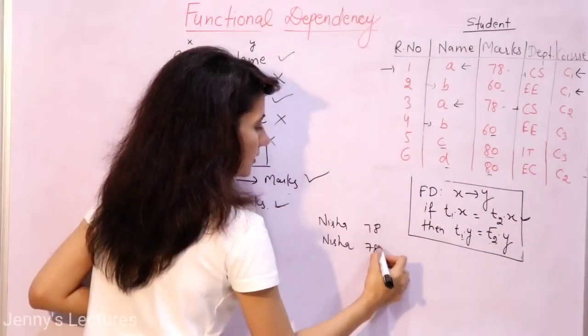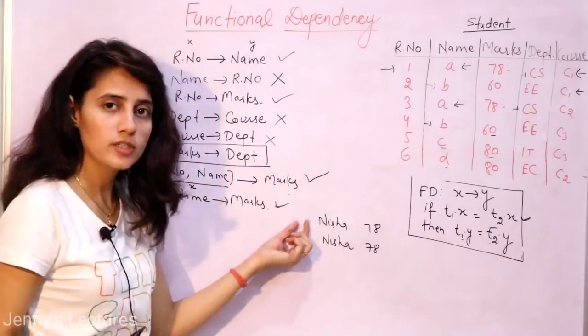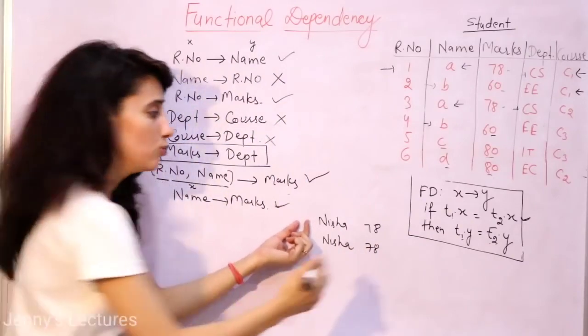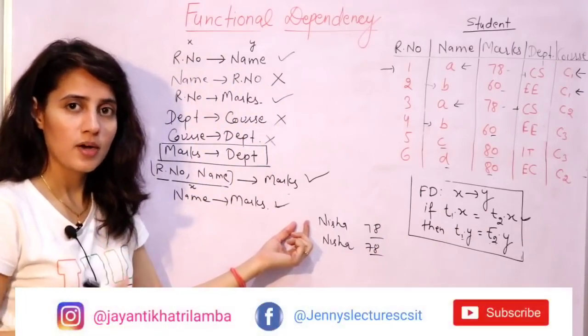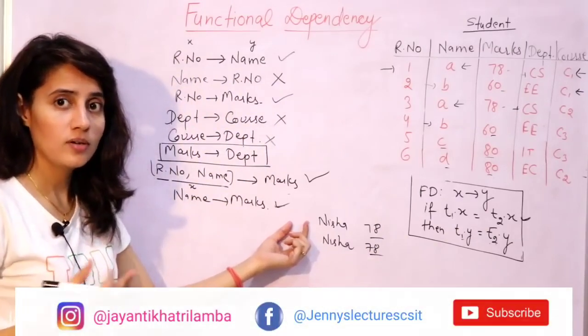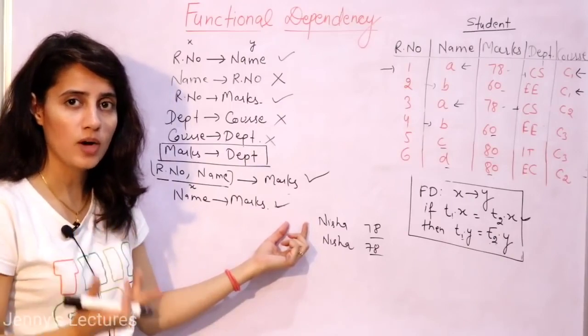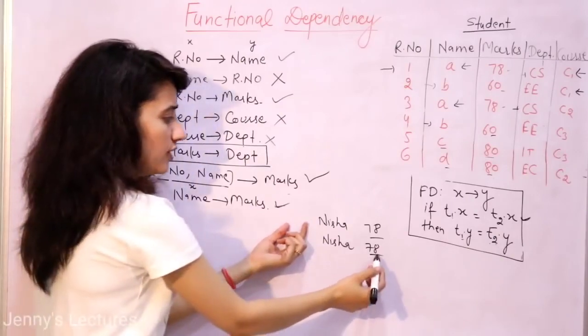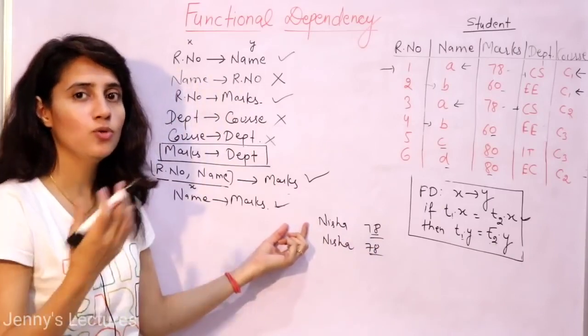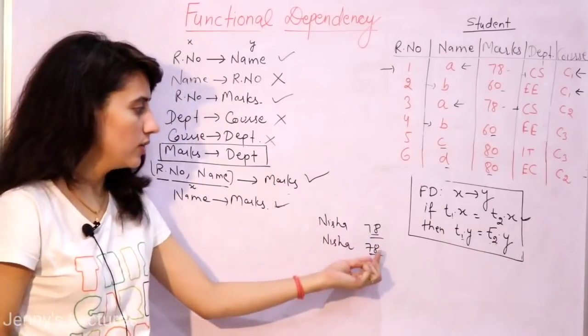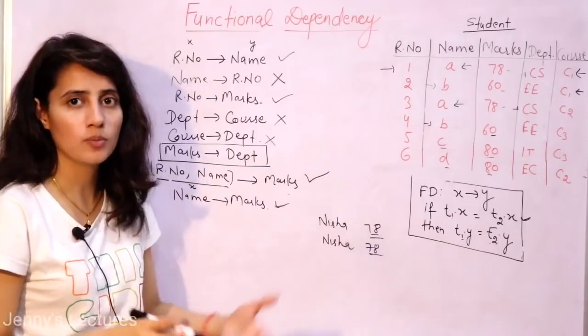See, let us take this example. Two students in my class are having name Nisha and both students are having same marks. So if I am recording their marks in my register and if I call the name Nisha, tell me your marks, then obviously both are having same marks, so both will tell 78, so there would be no problem. Either she will tell or she will tell, there would be no problem.